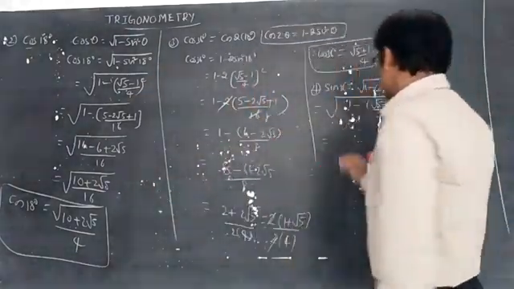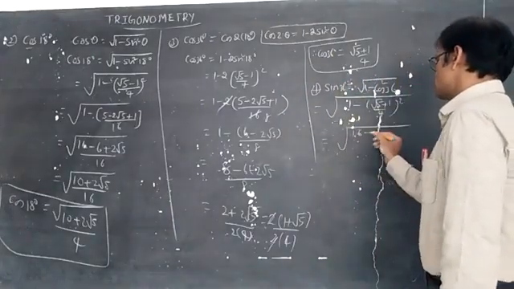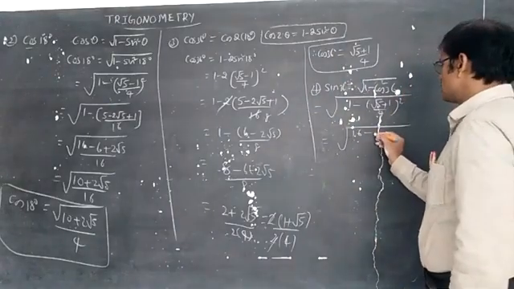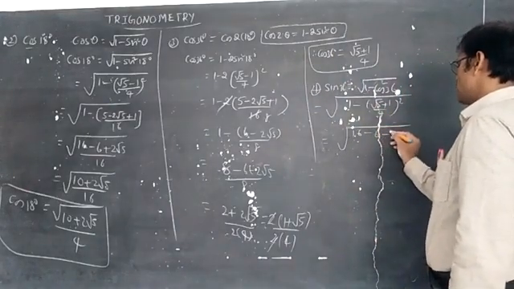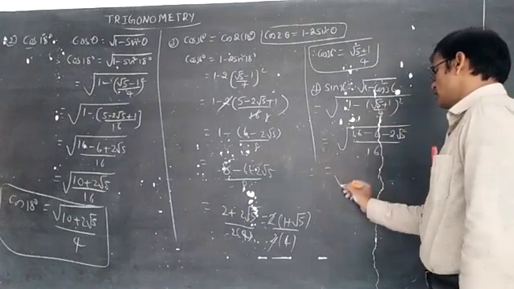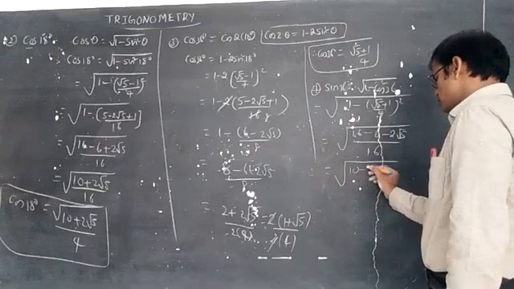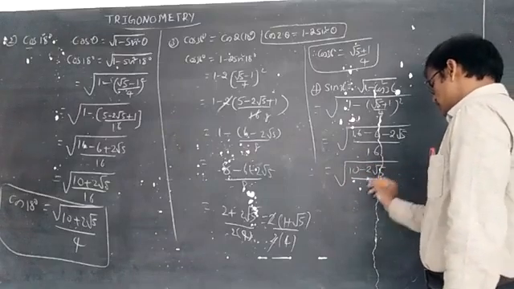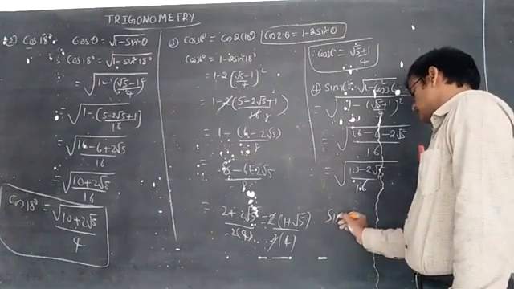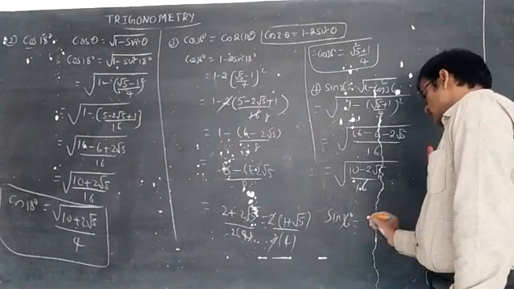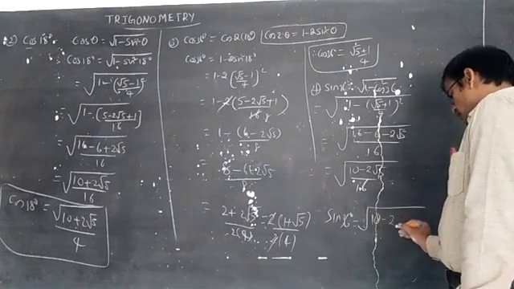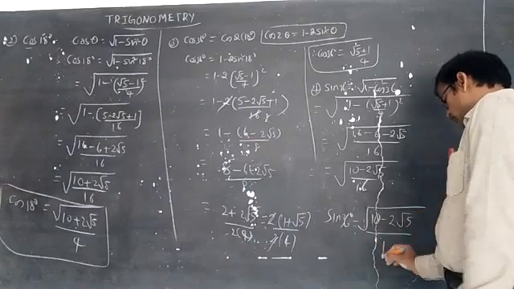So root of, directly you can write 16 minus, here minus and plus becomes opposite. So 5 plus 1 is 6 minus, directly minus 2 root 5 whole by 16, directly 10. So root of (10 minus 2 root 5) whole by 16. Therefore, sin 36 is equal to root of (10 minus 2 root 5) whole by 4.